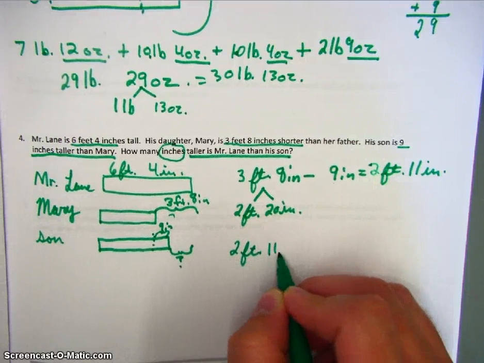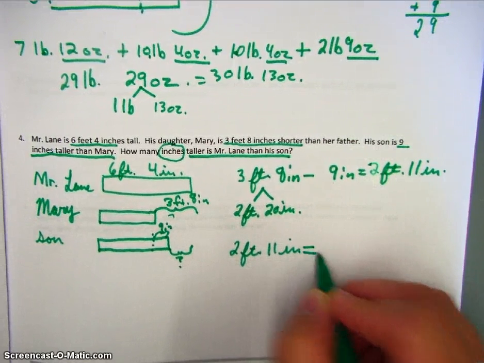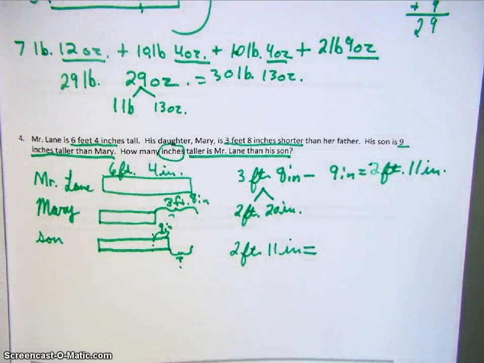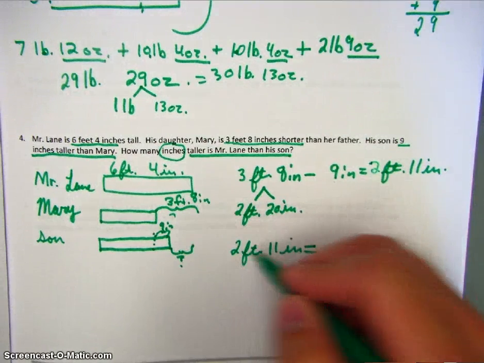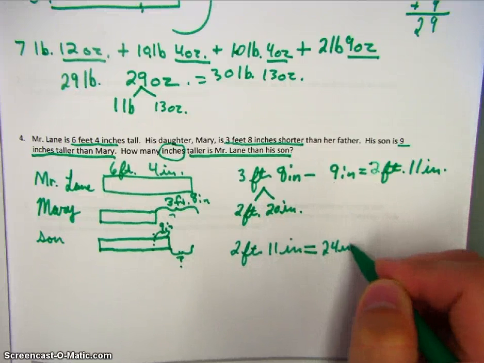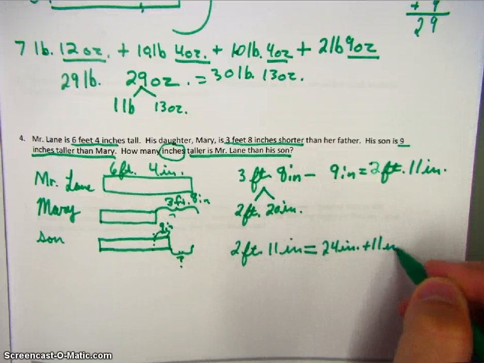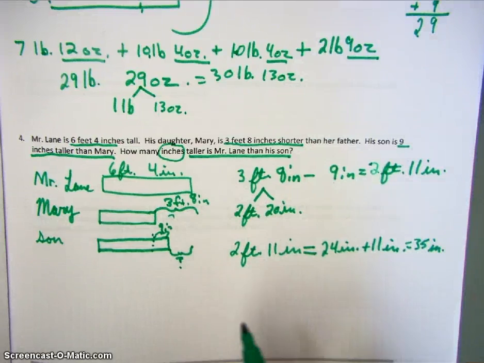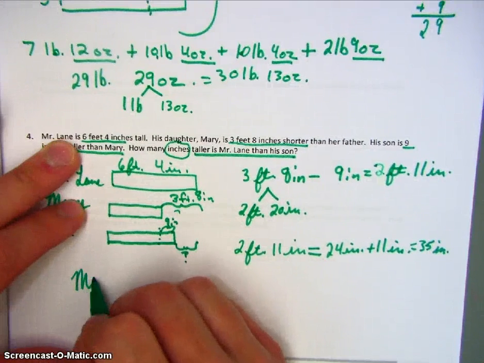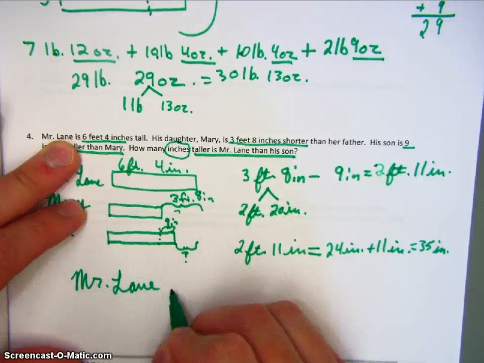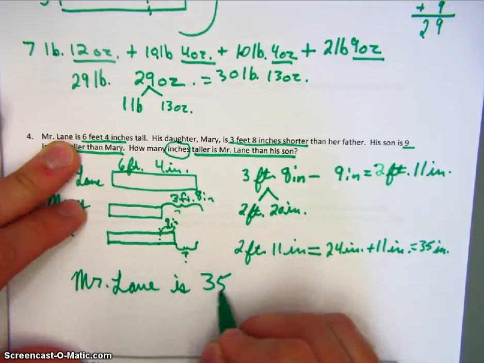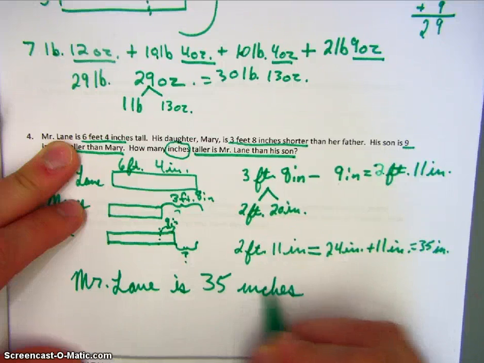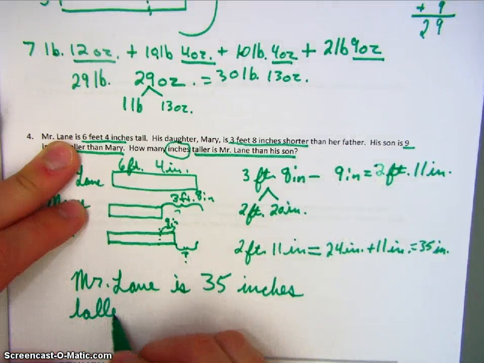So we're going to take our 2 feet 11 inches and convert that into total inches. 2 feet now is 24 inches. Plus our 11 inches, we get 35 inches total. So Mr. Lane is 35 inches taller than his son.